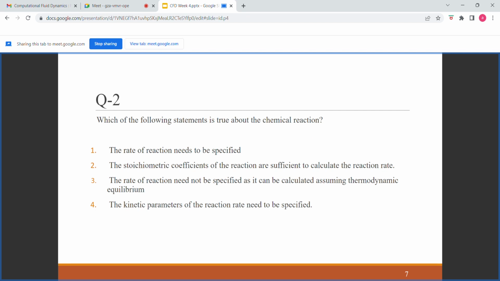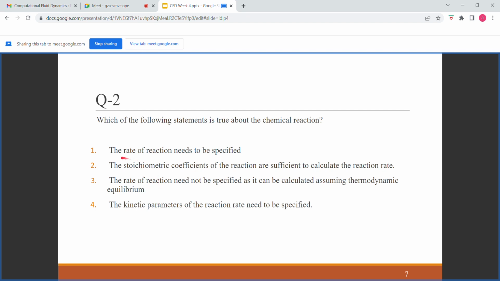Mainly, when we are dealing with chemical reactions, the rate of reaction need not be specified in the governing equation if the constants and other terms in the rate of reaction are known. Other parameters and values we should know.